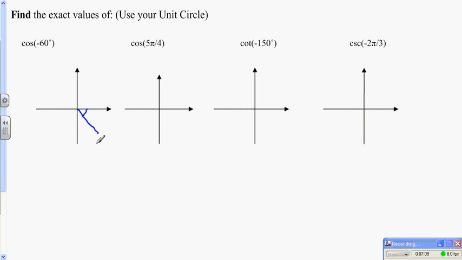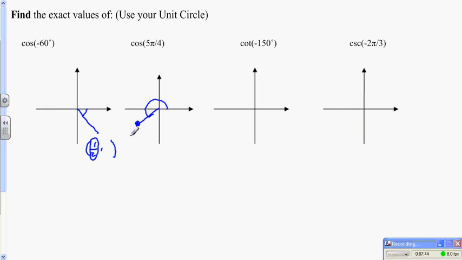And your unit circle should read pi over 2 for cosine, and you have a value for sine as well, but you're focusing on cosine. 5 pi over 4 would take you to, here's 4 pi over 4, 5 pi over 4 takes you to there.